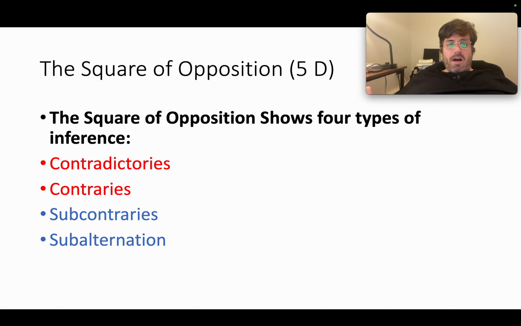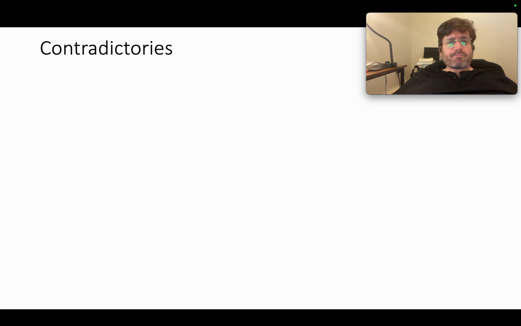Contradictories, contraries, subcontraries, and subalternation. In this video, we're just going to have a look at the first two, contradictories and contraries, and then in the next video, I'll walk you through the meaning of subcontraries and subalternation. But write these four down for now, and also check back on your book for the technical definition.